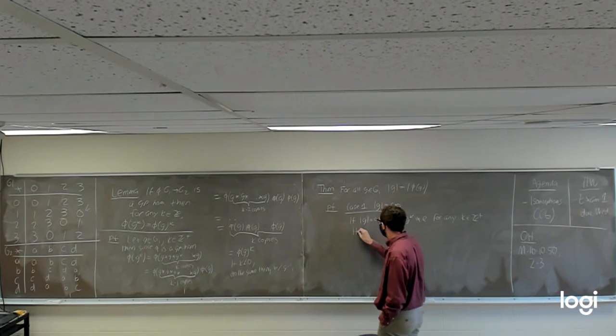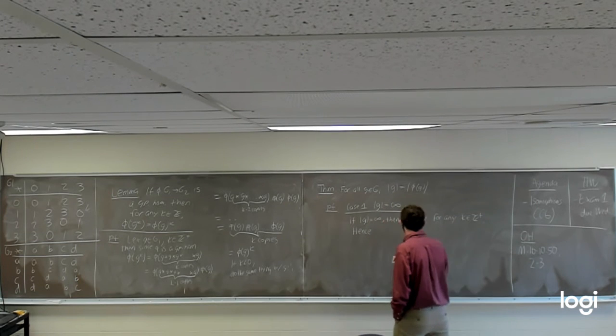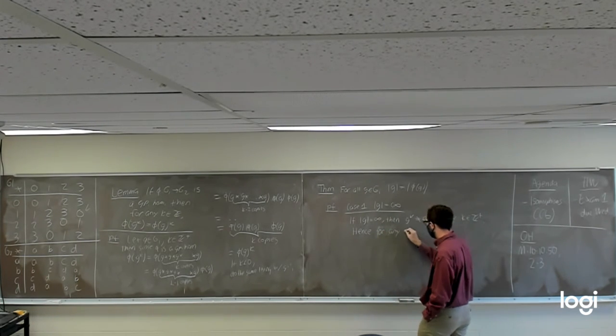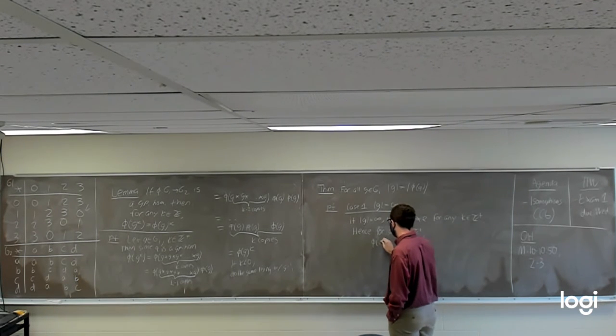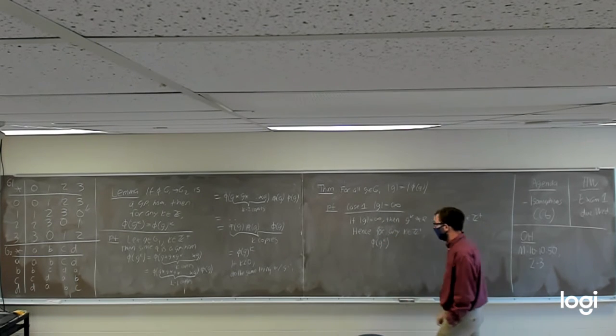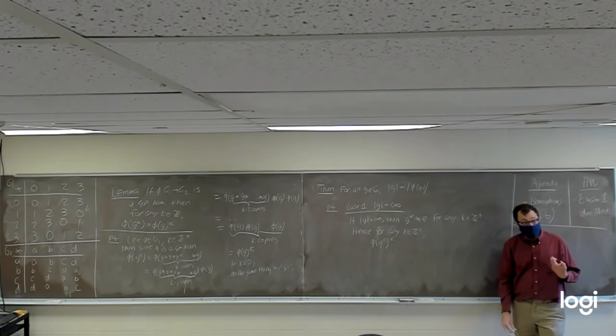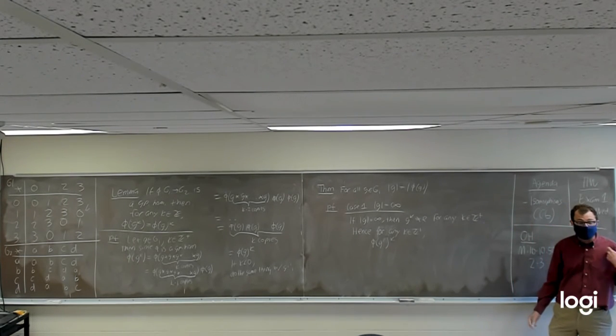Hence, for any positive integer K, if we were to take phi of G to the K, we want to be able to show that phi of G, if we take it to any power, we can't get the identity element in the second group, right?